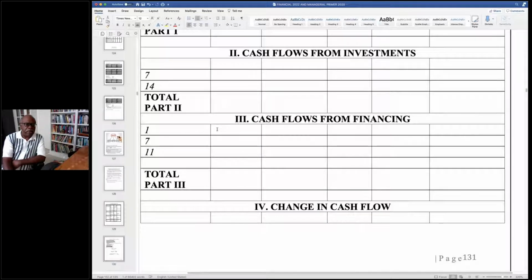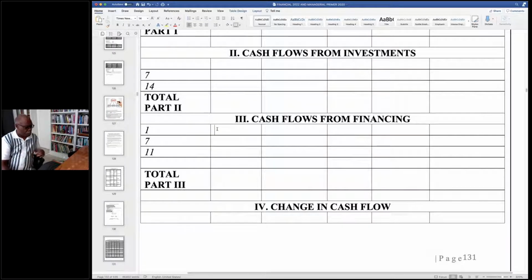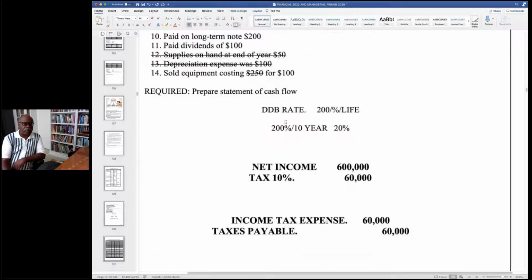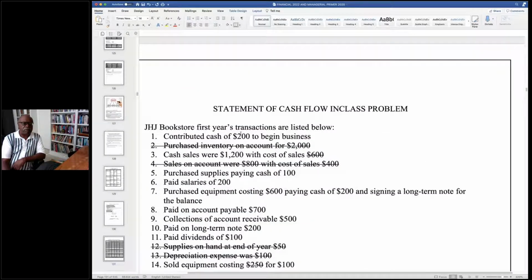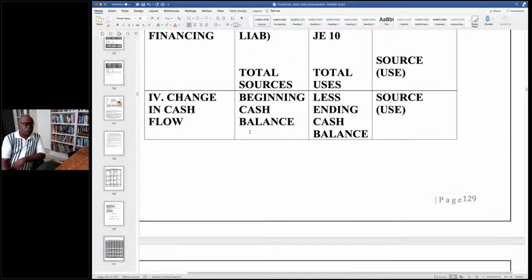So I got these down here. This is transaction 1. And so we're going to put the type of transaction as a JE1. And that was 200. So let's look at what we did. We looked at the first journal entry that involved cash. It was journal entry 1.